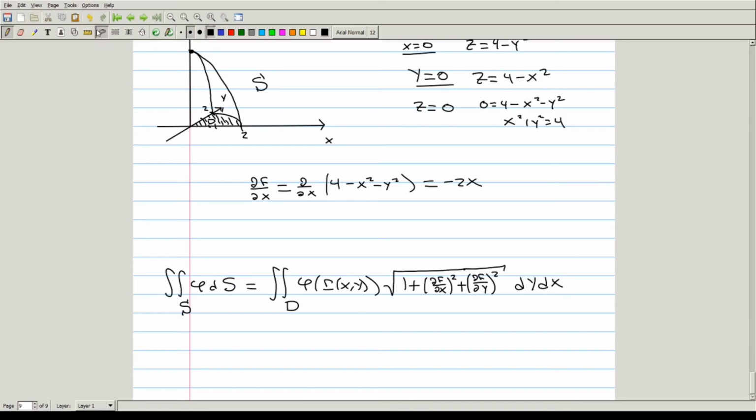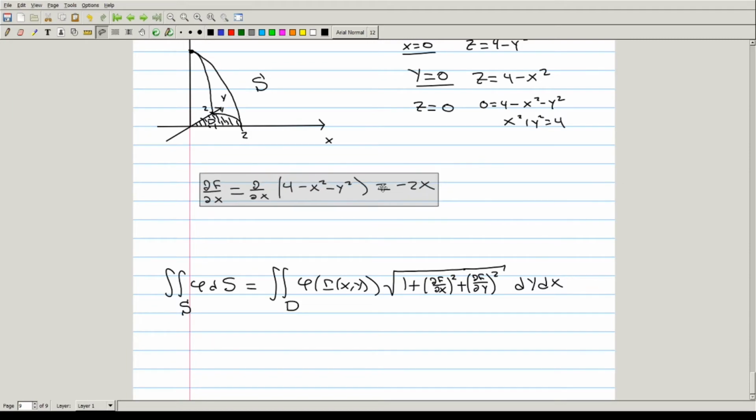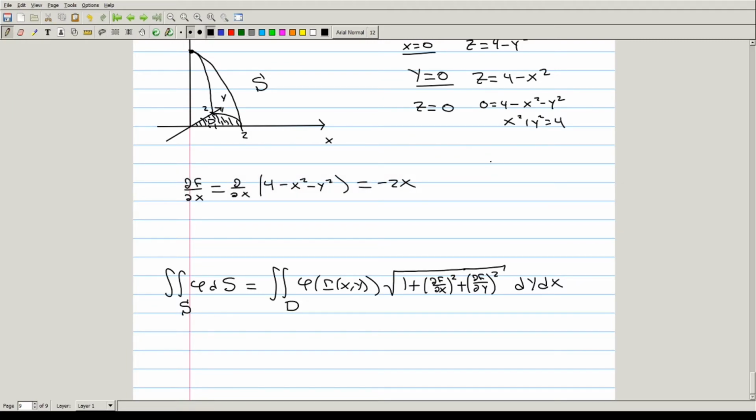And a similar calculation will yield that the partial derivative of f with respect to y is equal to negative 2y.